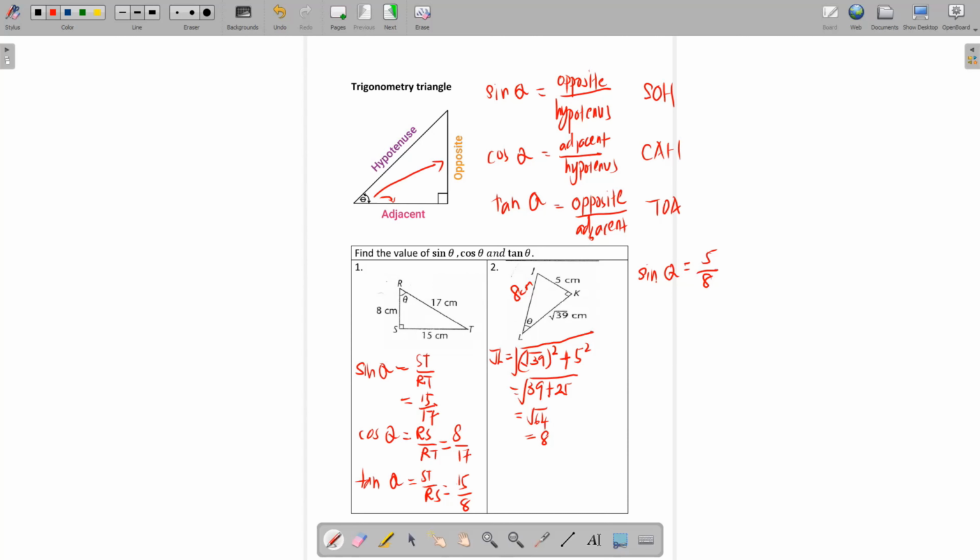And then your cos theta is the adjacent over the hypotenuse, which is 8, and your tangent theta is opposite, which is 5, and then adjacent, root of 39. Very easy to find our trigonometric ratio.